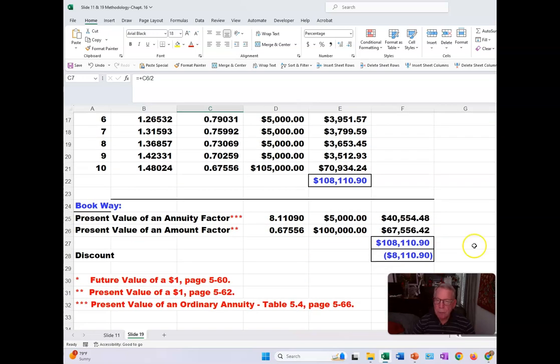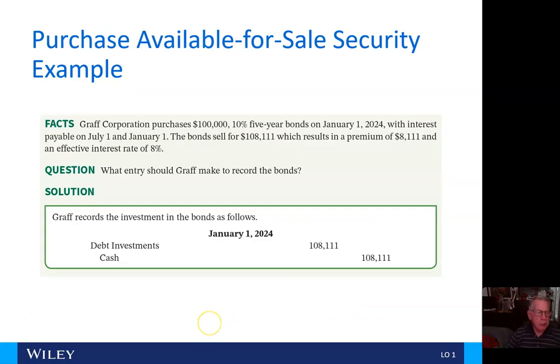We will take the present value of an annuity at $5,000 and the present value of our last $100,000, and that shows 108,111 with a gain here of $8,110.90. Okay, so as we go back to the PowerPoint slides, you can see how that 108,111 was calculated.